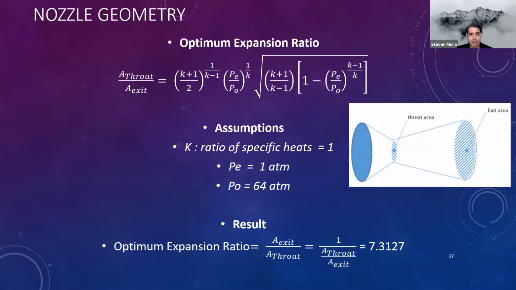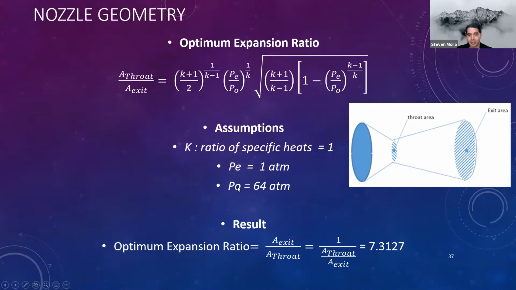Some assumptions I used in this equation: the K value, otherwise known as the ratio of specific heats, we're just estimating here, so we're using a value of 1 for K. PE, the pressure at the exit area, in other words the pressure of the atmosphere as the nozzle exits into the regular atmosphere, we have as 1 atmosphere.